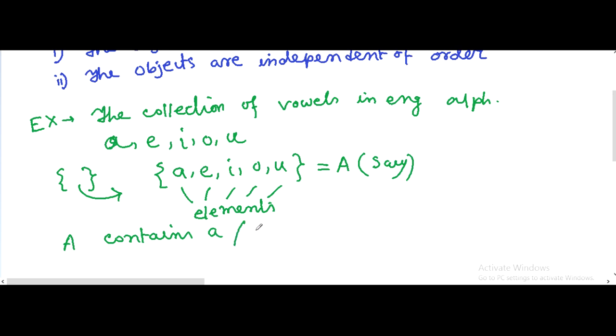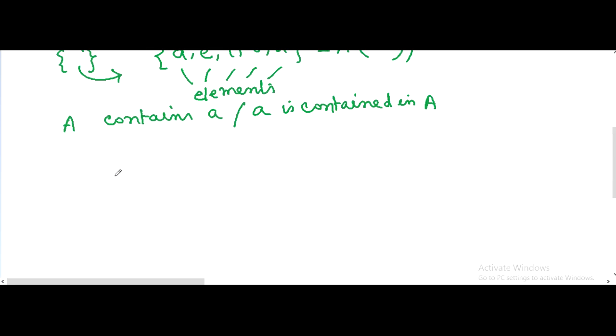Or we can say small a is contained in capital A, and we will write small a belongs to capital A. Small a belongs to capital A. This is the symbol of belongs to.